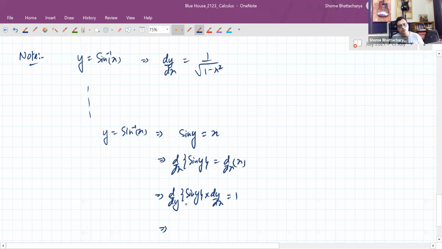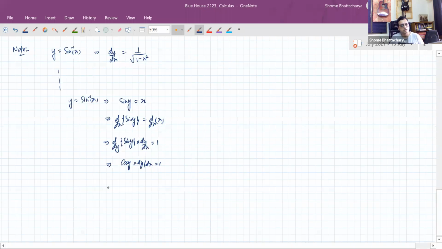So we have now differentiation of sine y is cos y. This now tells us that dy by dx is 1 upon cos y. I want to reduce it in terms of x, and x is what? Sine y, or y is equal to sine inverse x. So how will we reduce this? Cos y can be written as square root of 1 minus sine square y, which can further be written as square root of 1 minus x square.